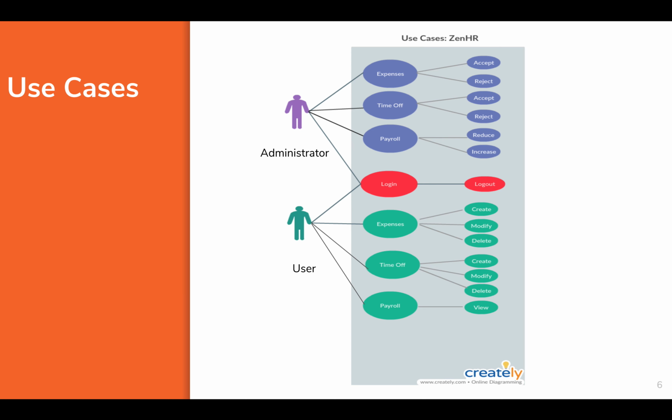The three modules that we decided to implement were expenses, so the ability to create expenses and the ability for an administrator to approve or decline them, the time off functionality, which allows employees to request time off, and again, administrators have the ability to accept or reject that. And then payroll for users to be able to view their payroll.